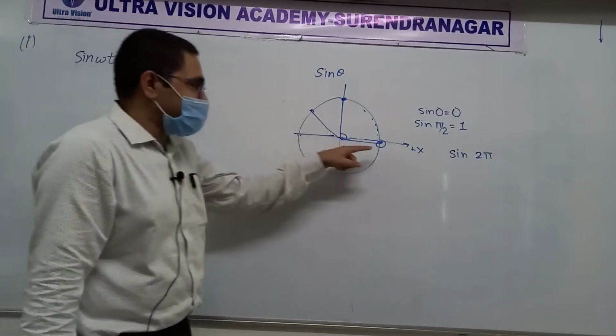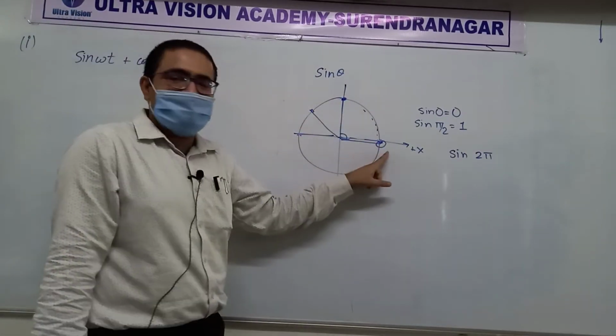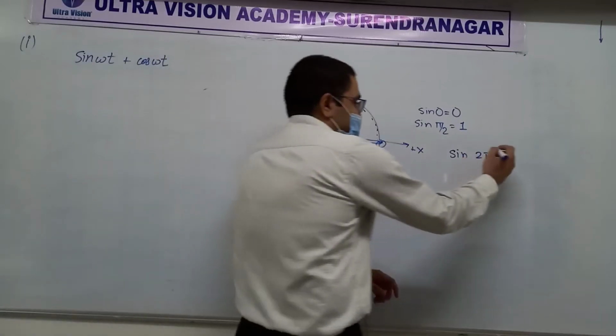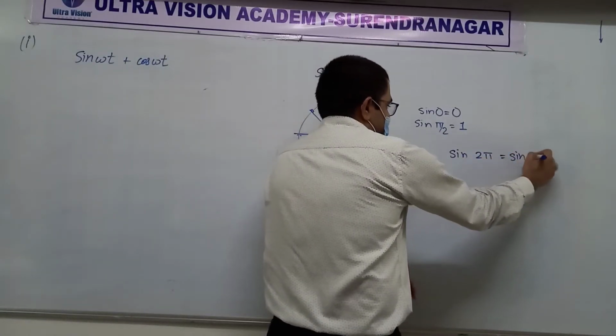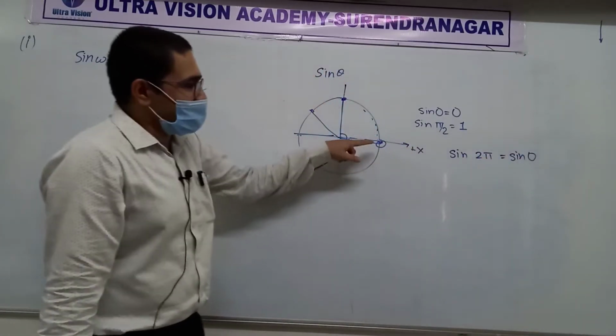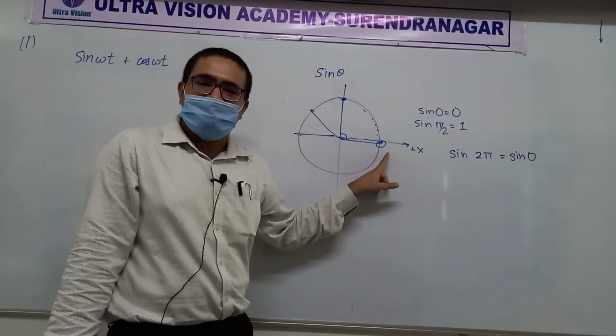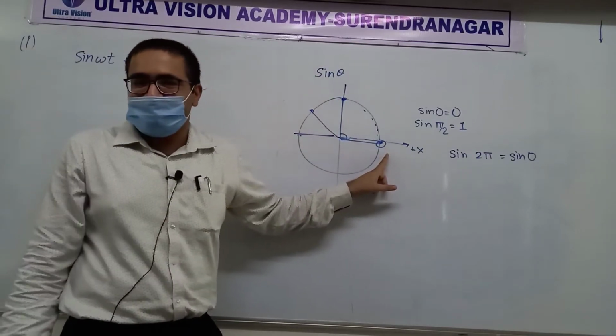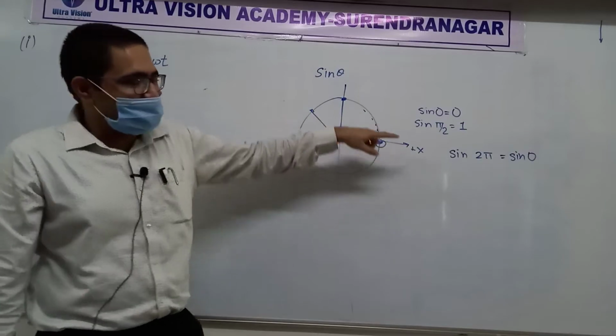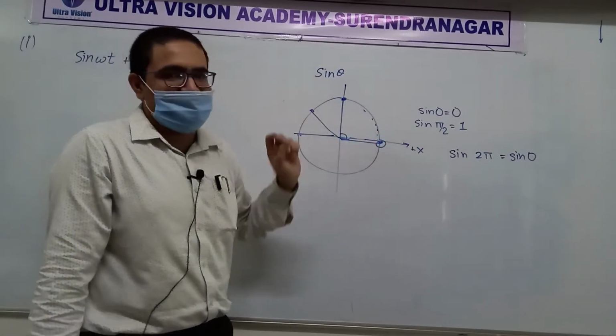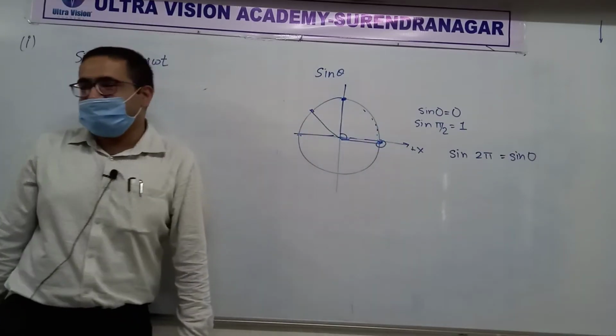So when we come back here, sine 2 pi should be the same as sine 0. Do you understand that? The reason is we are back to the same point. Is that part clear?